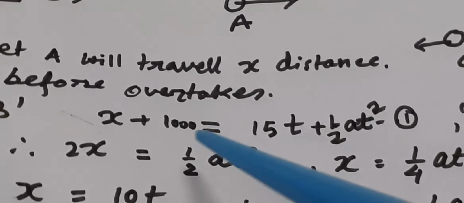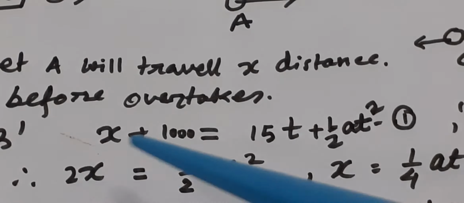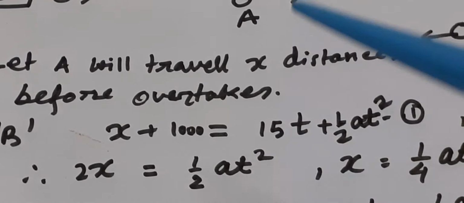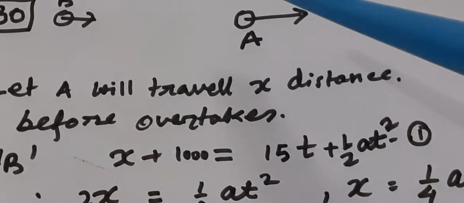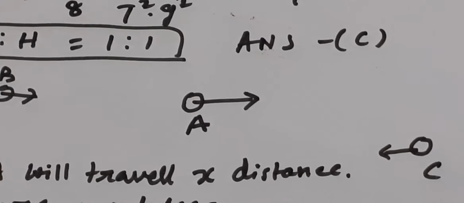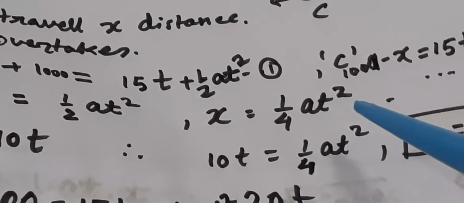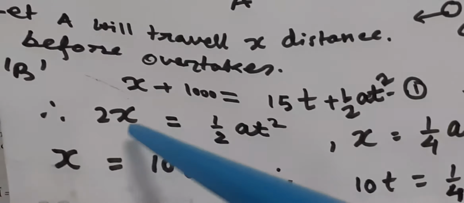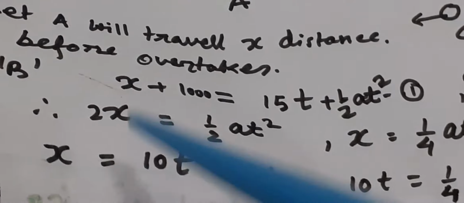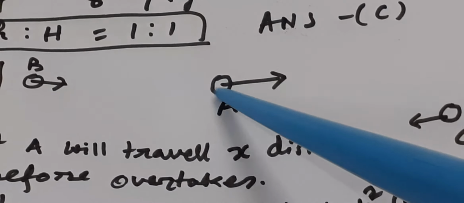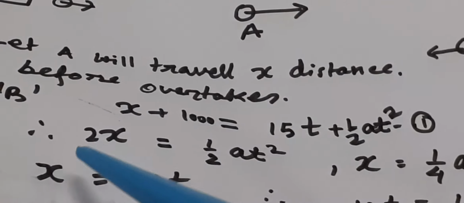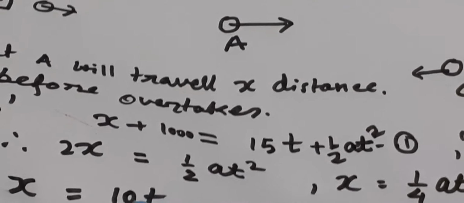From these two equations we get twice x equal to half a t square. Now car A is going with uniform speed, 10 meter per second. It goes x distance, is it not? So x equals 10 into t.